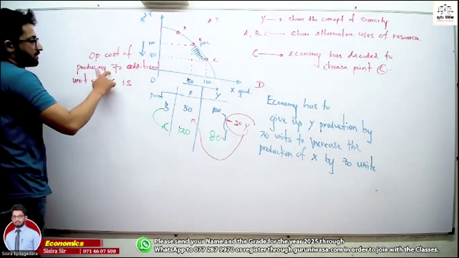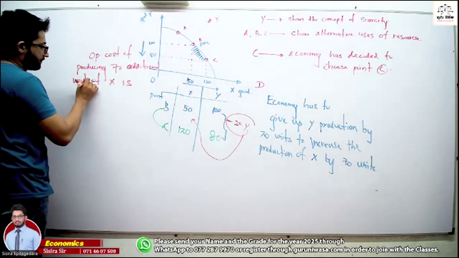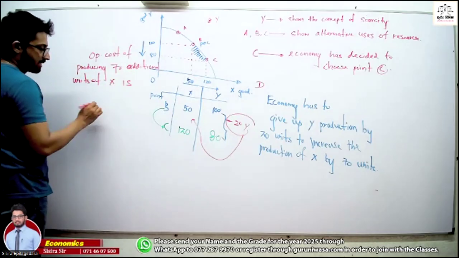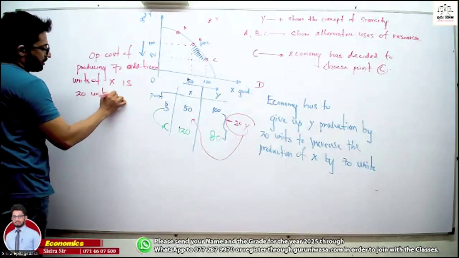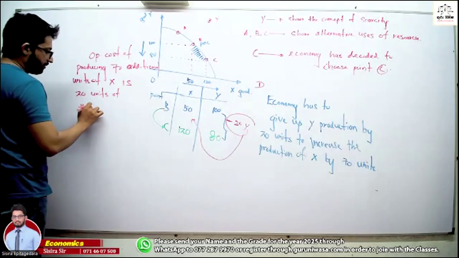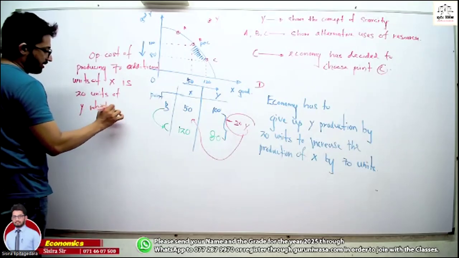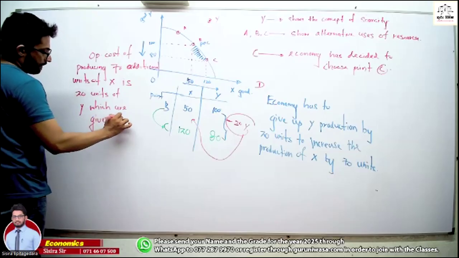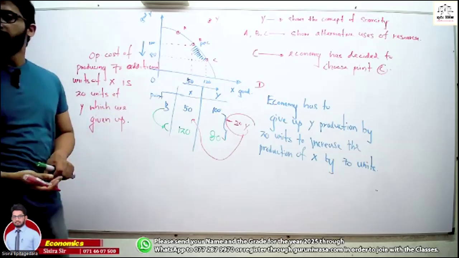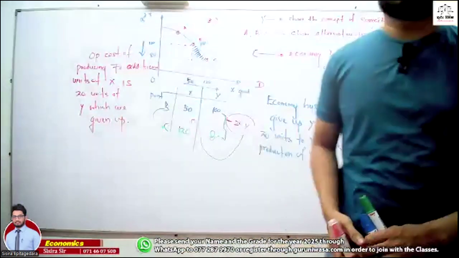Opportunity cost of producing 70 additional units of X is 20 units of Y, which are given up. Right?